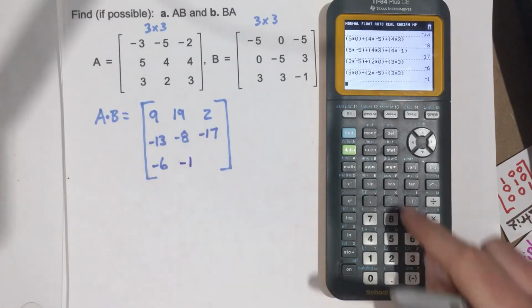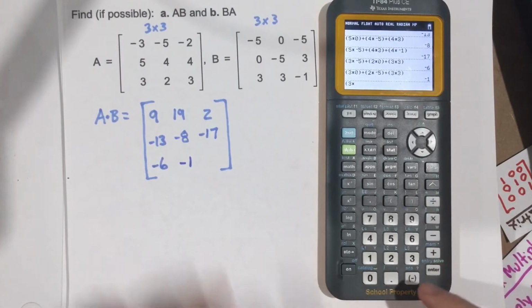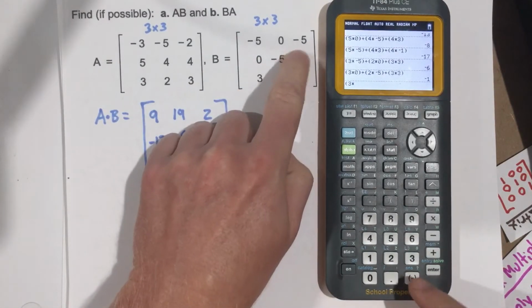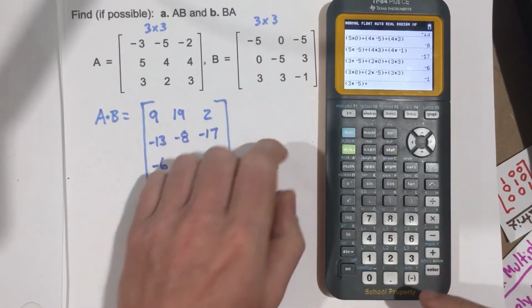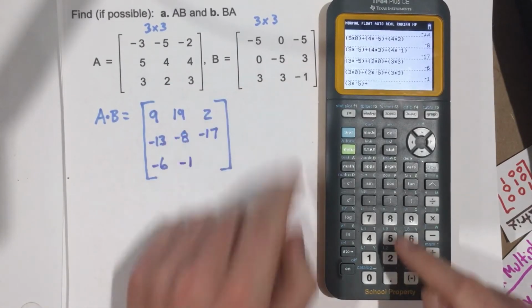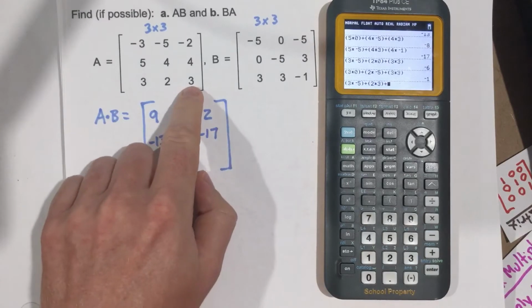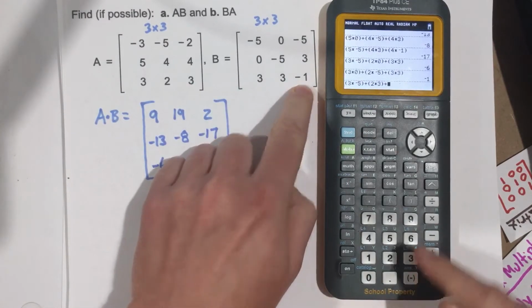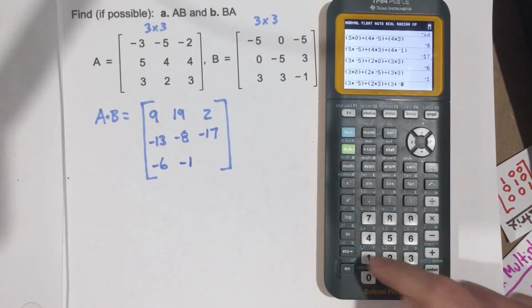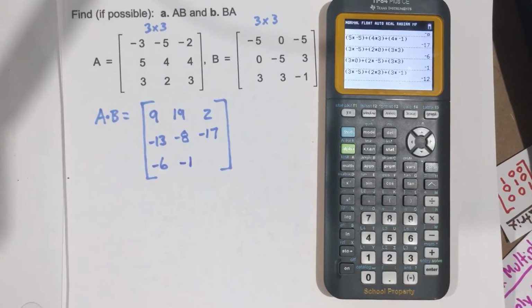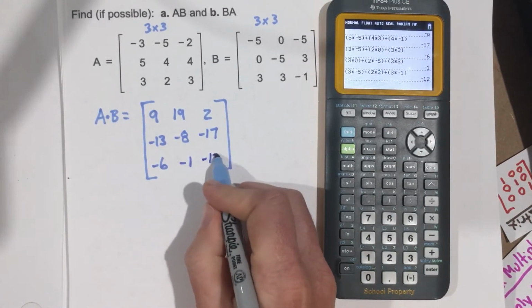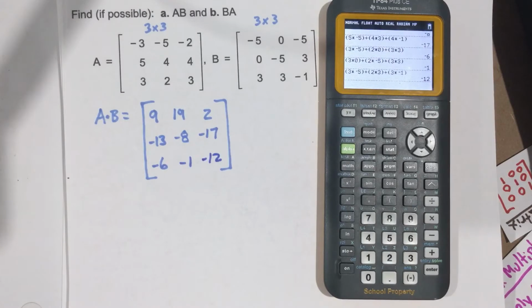And then finally 3 times negative 5 plus 2 times 3 plus 3 times negative 1. Negative 12. And that's the solution for A times B.